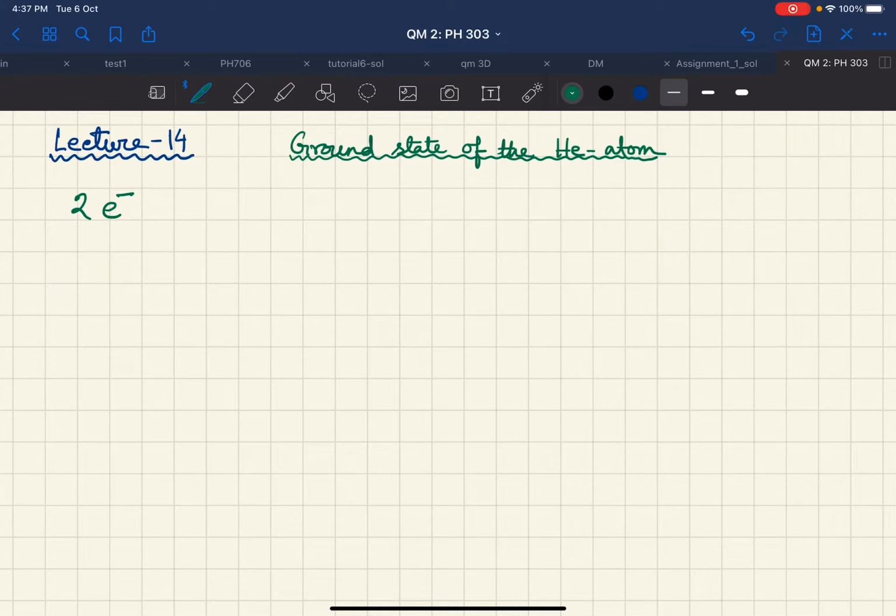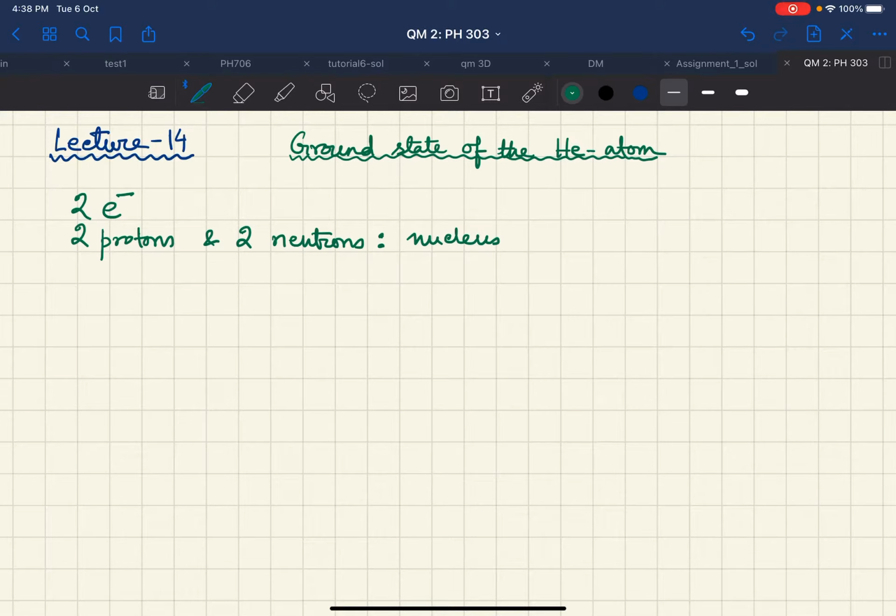So this is the helium atom we are talking about, and the nucleus consists of 2 protons and 2 neutrons. For all practical purposes, we can neglect the motion of the nucleus, that is, we assume it to be infinitely heavy, which is of course a good approximation to start with.